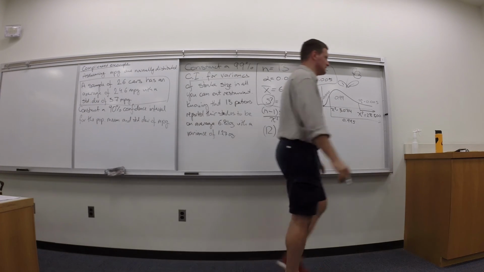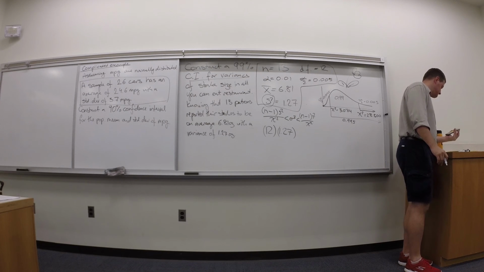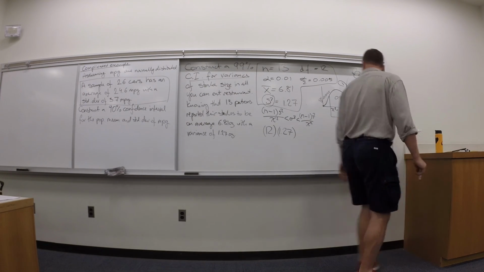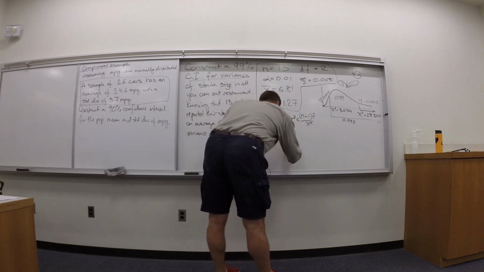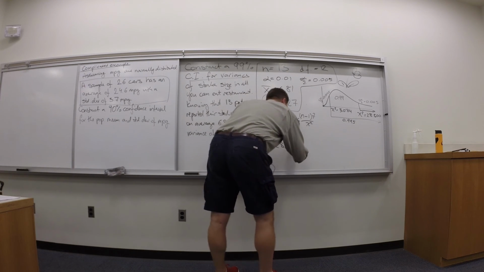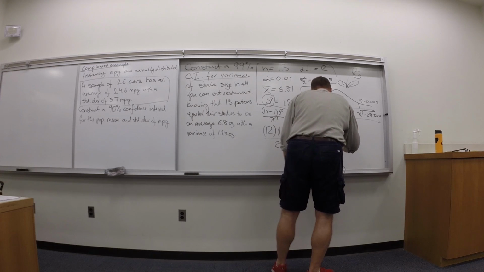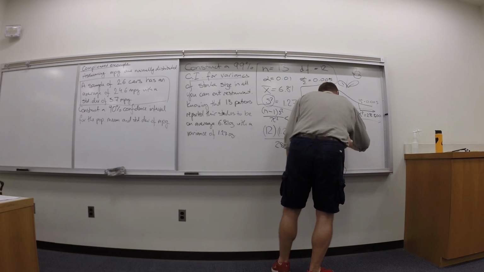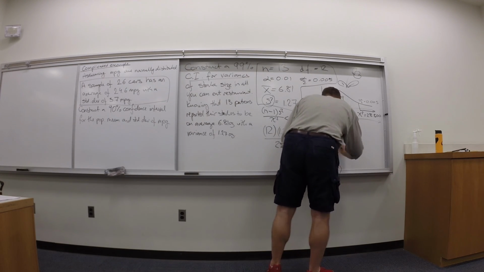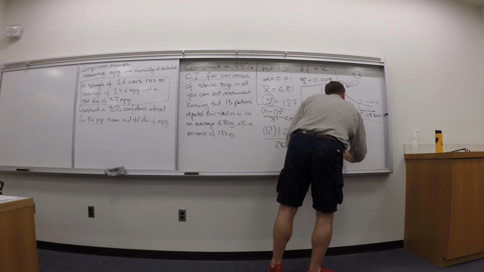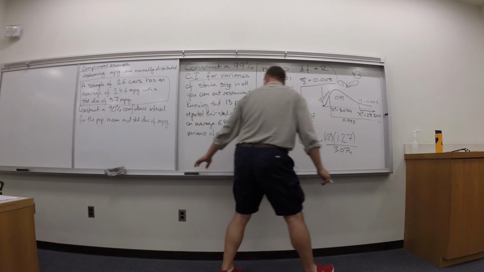You don't do the same mistake again. All right, and this is over 28.3, and that's smaller than sigma squared, smaller than 12 times 1.27 divided by 3.074.